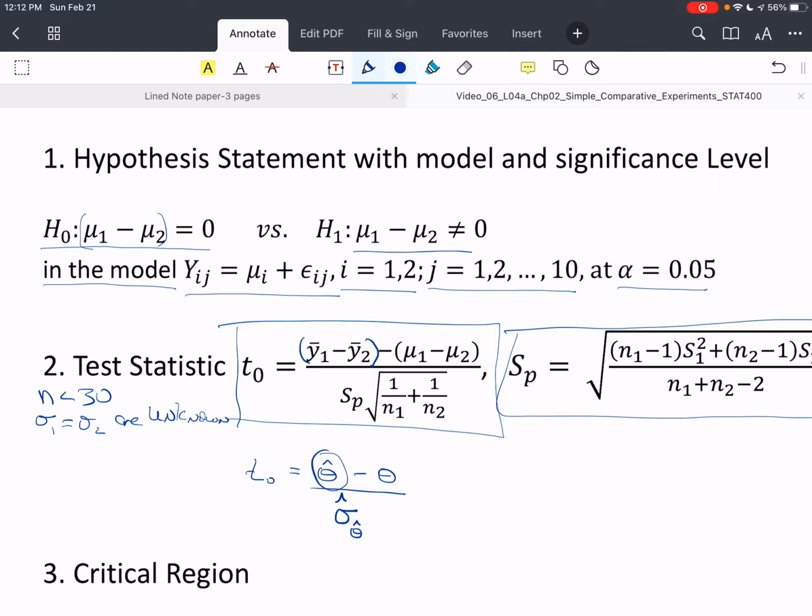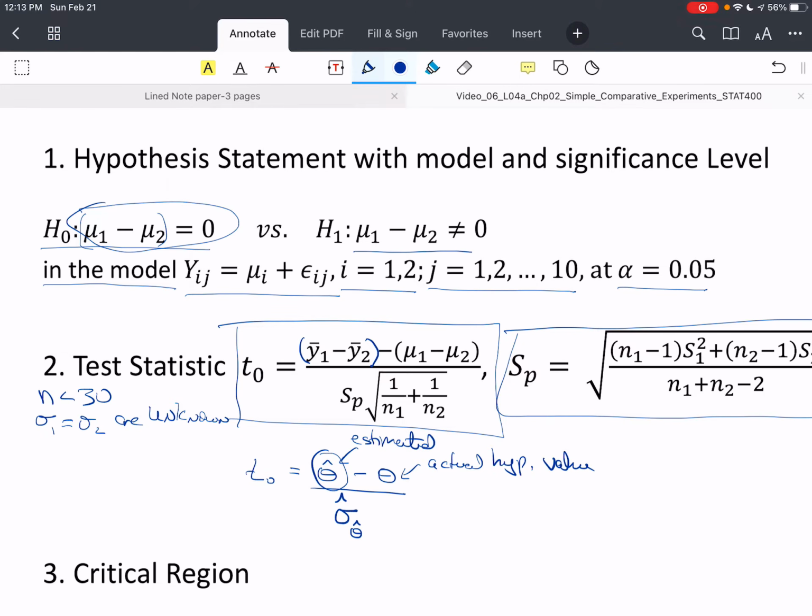So we're taking the estimated value and subtracting the actual hypothesized value. And the hypothesized value is given in the null hypothesis. So mu1 minus mu2 is equal to 0.